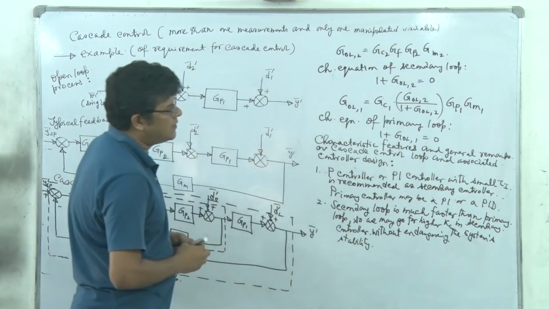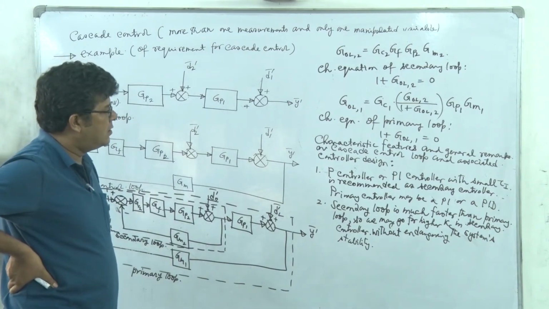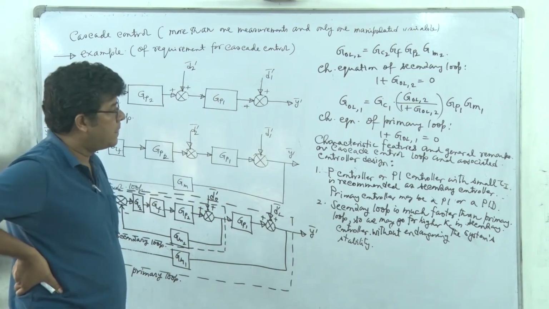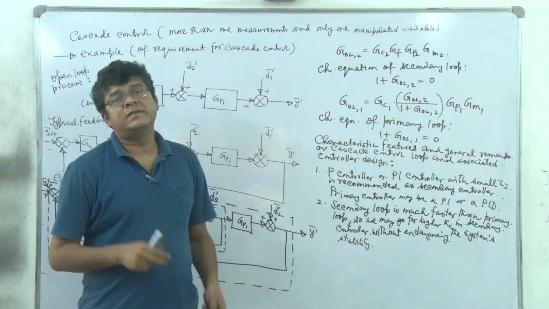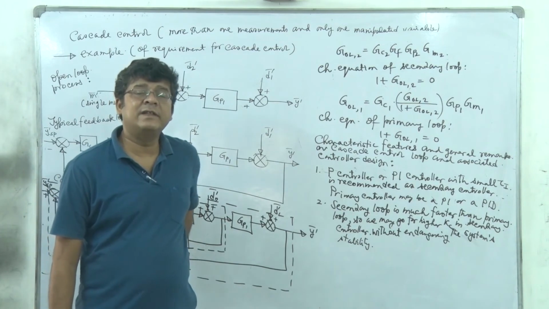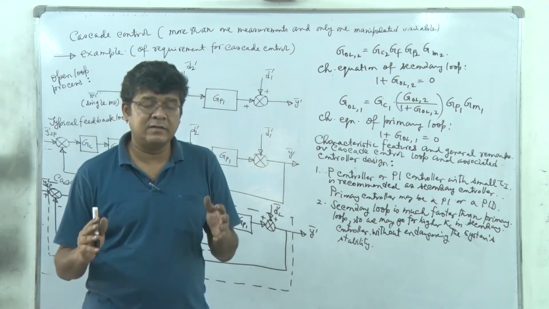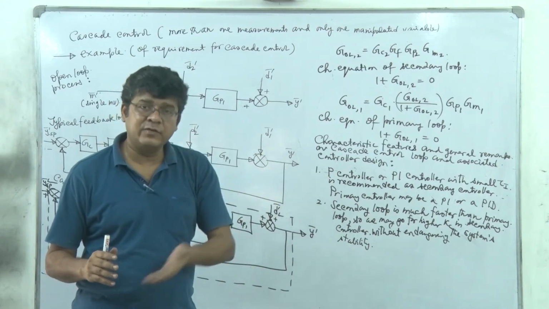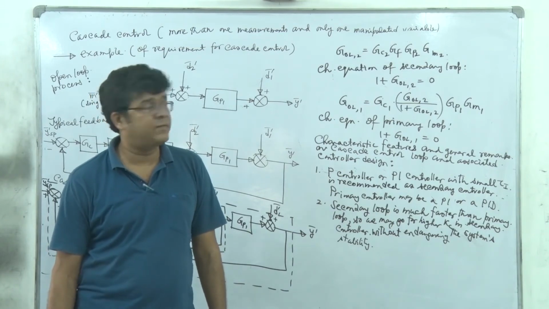Right. It's much faster and generally it will have a much higher crossover frequency, and because it has got a much higher crossover frequency, its amplitude ratio at crossover frequency will always be less than 1, because generally what happens for standard phase lag processes, the amplitude ratio decays down, right? Amplitude ratio decays down with the frequency.